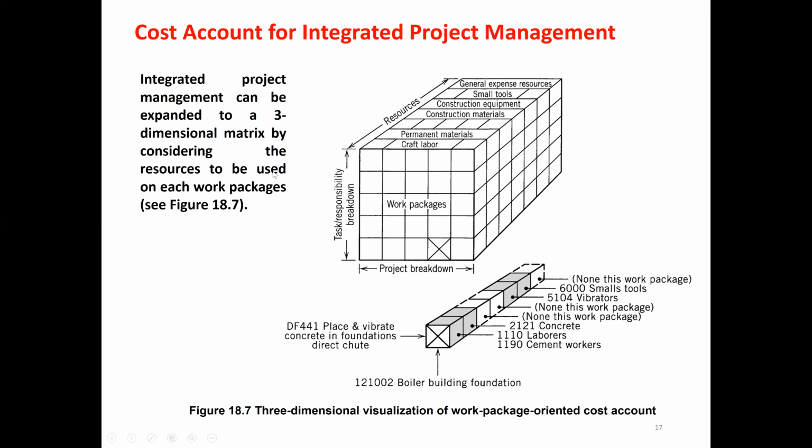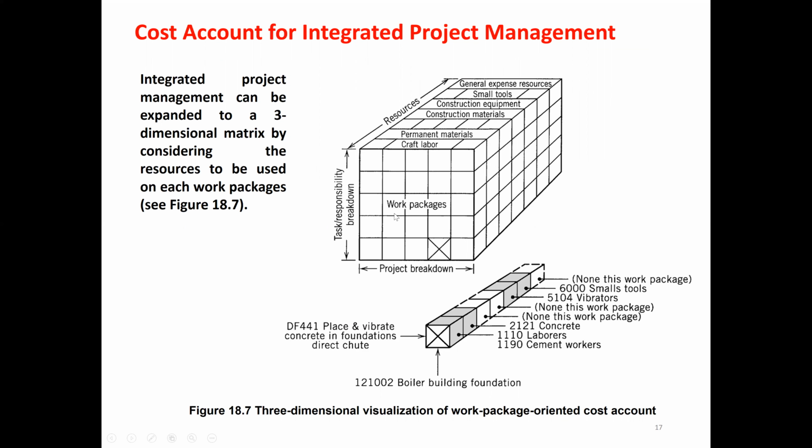In three-dimensional integrated project management, the matrix can be expanded to three dimensions by considering the resources to be used on each work package. Here we have the work breakdown, then the task responsibility, and here we have the resources.